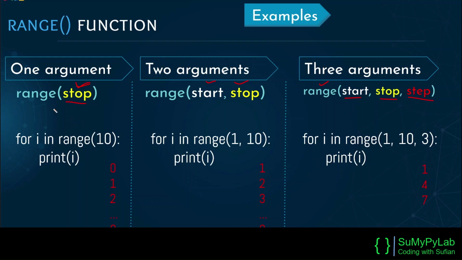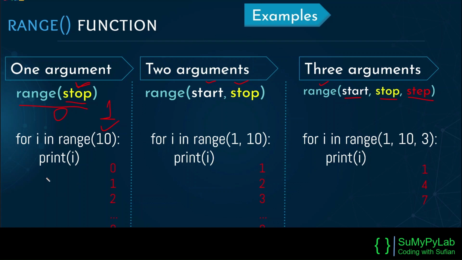If we provide only one argument, the default start is 0 and the default step is 1, so it is actually 0, stop, 1. In the range function, the stop parameter is exclusive. That is, the number mentioned in the stop will not be accepted in the range.